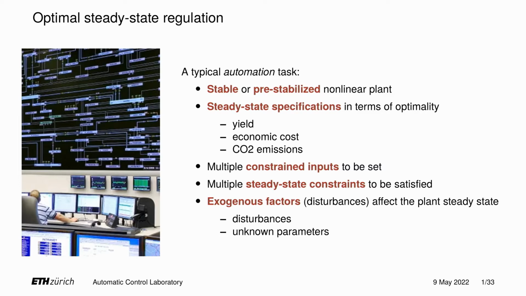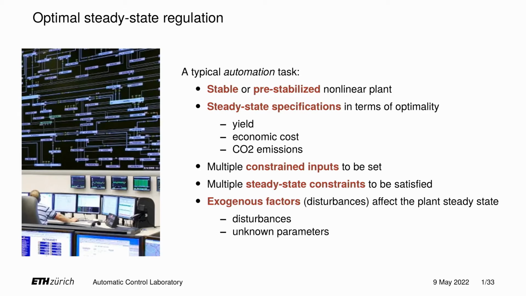Among all things that you can call control, automation, one specific automation task is made of the following ingredients that you see here. So imagine that you have a stable or a pre-stabilized nonlinear system, and you're given, as a control designer, steady-state specifications.